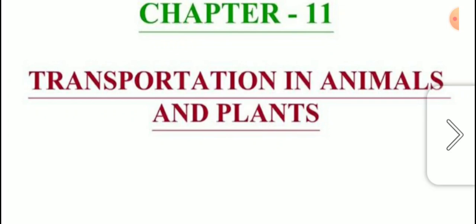How many chambers are in the human heart? There are 4 chambers: right atrium, left atrium, right ventricle, left ventricle. Totally 4 chambers. What are atria? Atria means atrium. The 2 upper chambers are called atria.